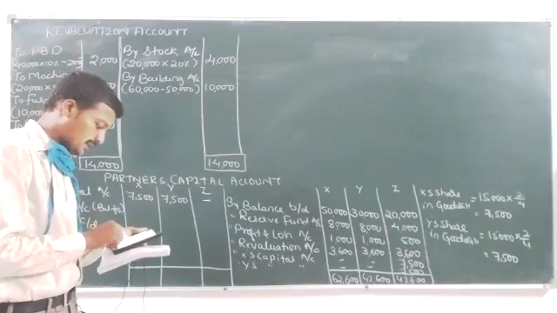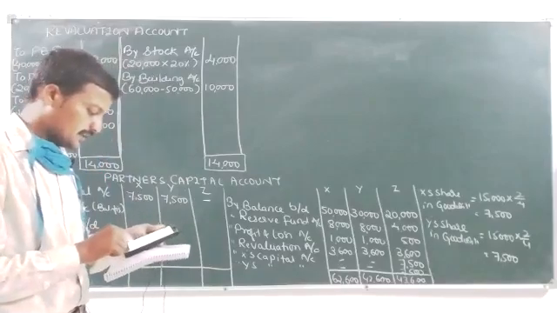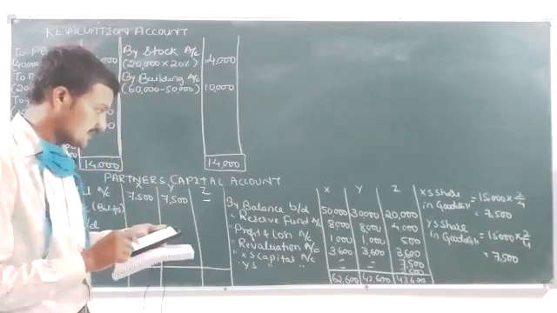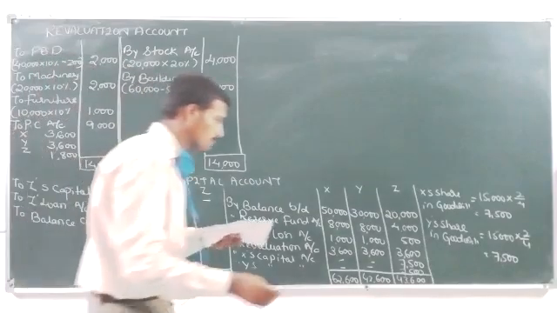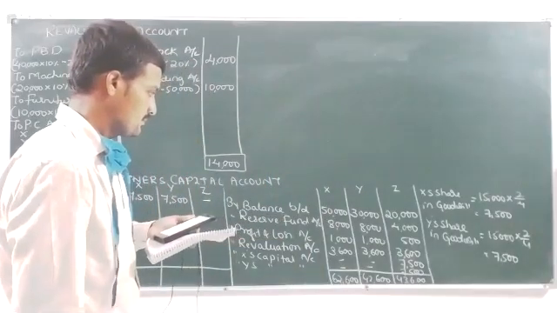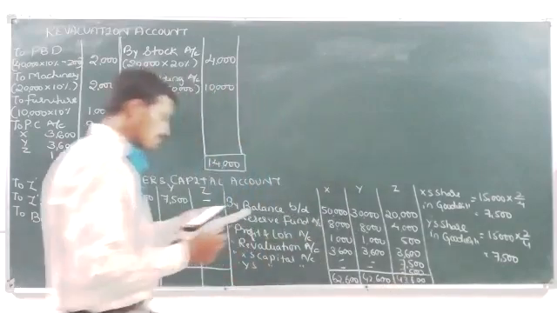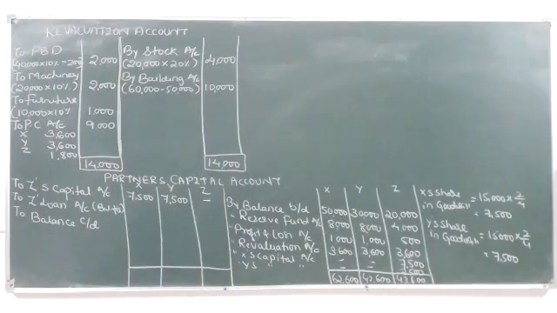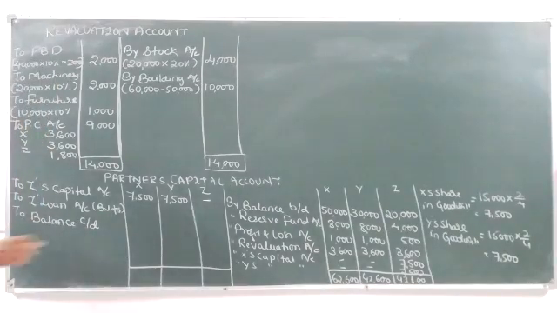First, 24,500 plus 3,600 plus 15,000. 43,100 it should be. Yes. 43,100.